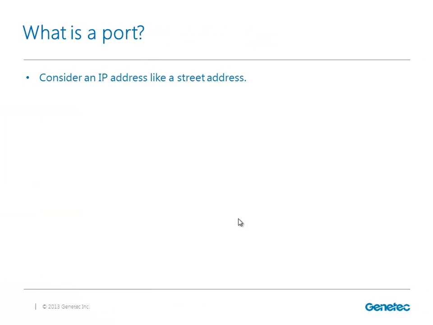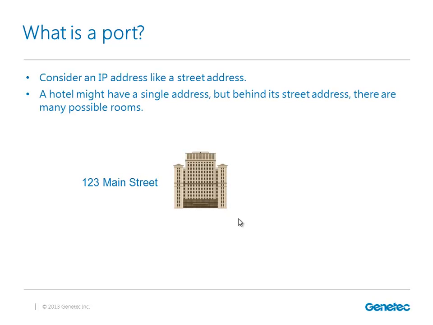What is a port? Well, we can consider an IP address a bit like a physical street address. A hotel might have a single physical street address, but behind its street address, there are many possible rooms. We could identify a hotel as being found at 123 Main Street.